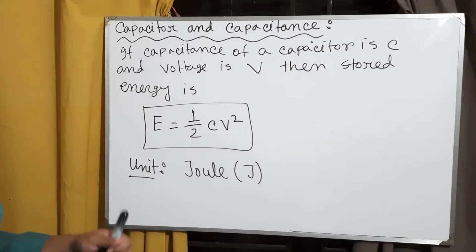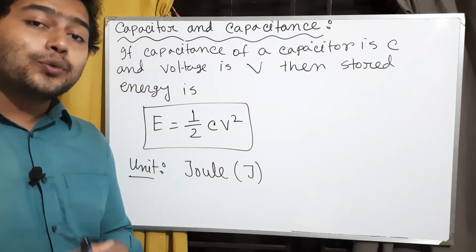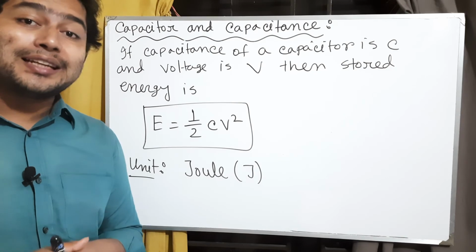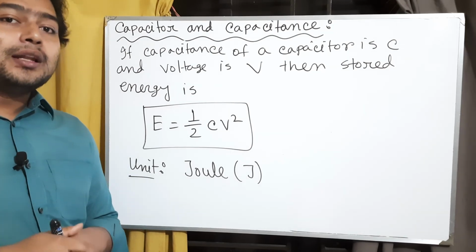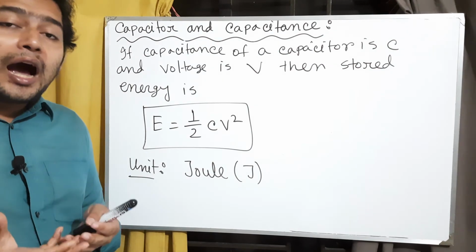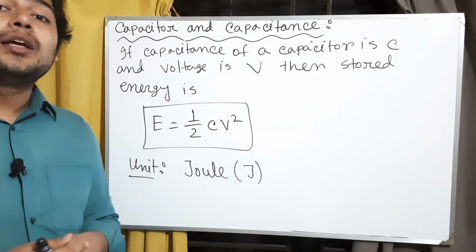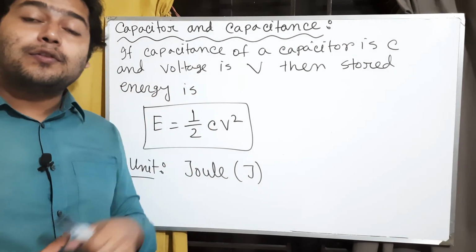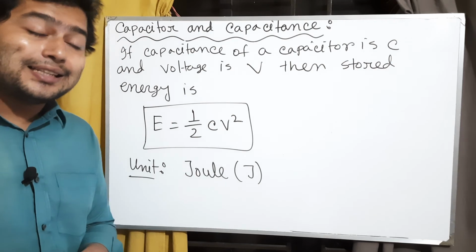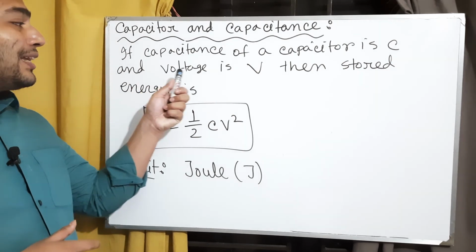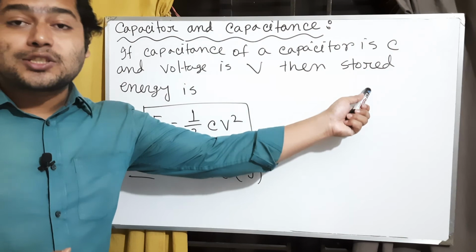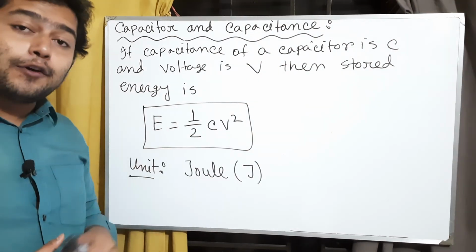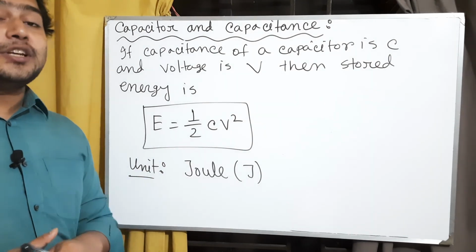My dear boys, from our previous discussion, we know that the main activity of a capacitor is to store energy. Now our question is, how much energy will it store? If capacitance of a capacitor is C and voltage is V, then stored energy is E equal to half of C into V square.